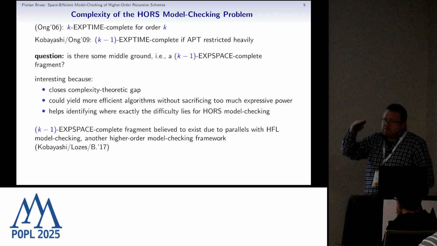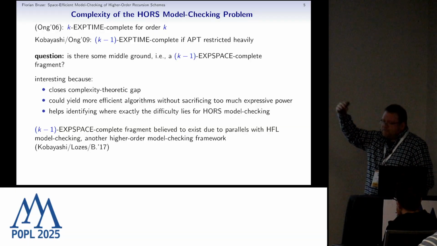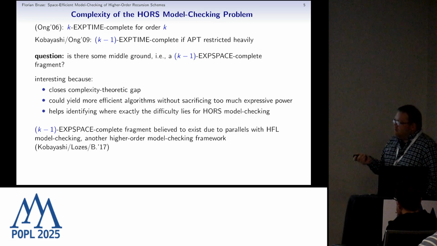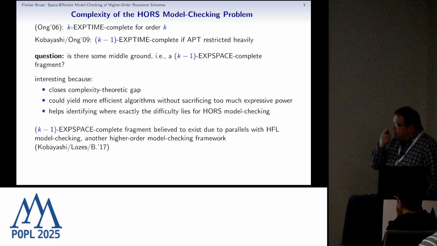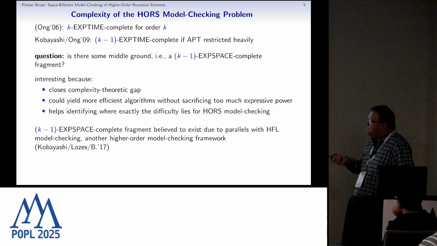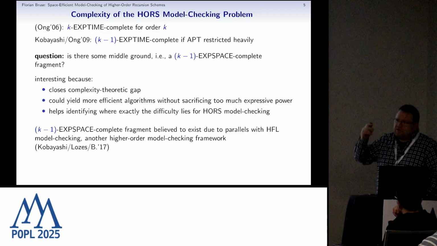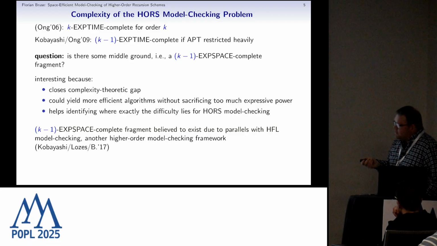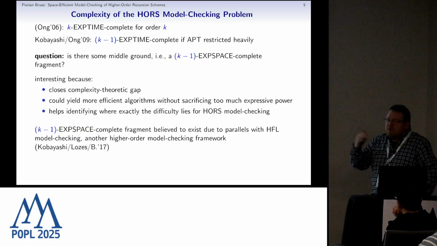So you have problems that are complete for k-fold exponential time, then for k-fold exponential space, and then for the next time, and so on. And there's a result that connects these two. Actually, you can translate from this system to the recursion scheme system and vice versa. So one would expect that such a fragment exists, but the question is, what does it look like?